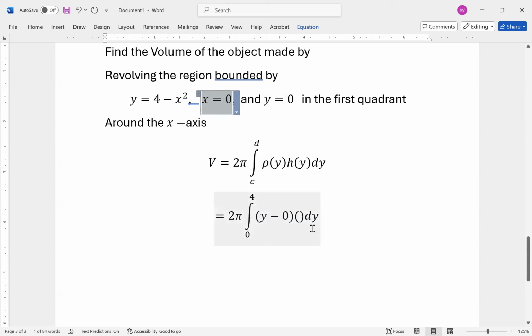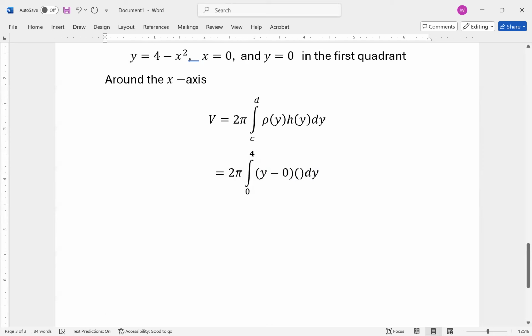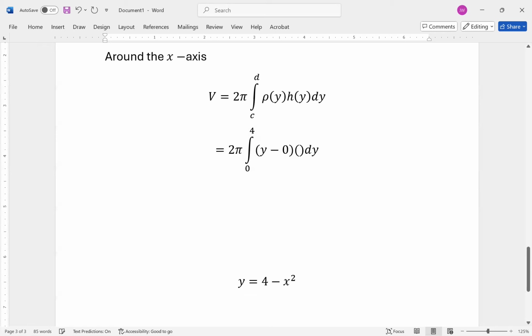Because we're integrating with respect to y, I need to take my curve and write that as x is equal to a function of y rather than y is equal to a function of x. If I subtract y from both sides and then add x squared to both sides, I get x squared is equal to 4 minus y.